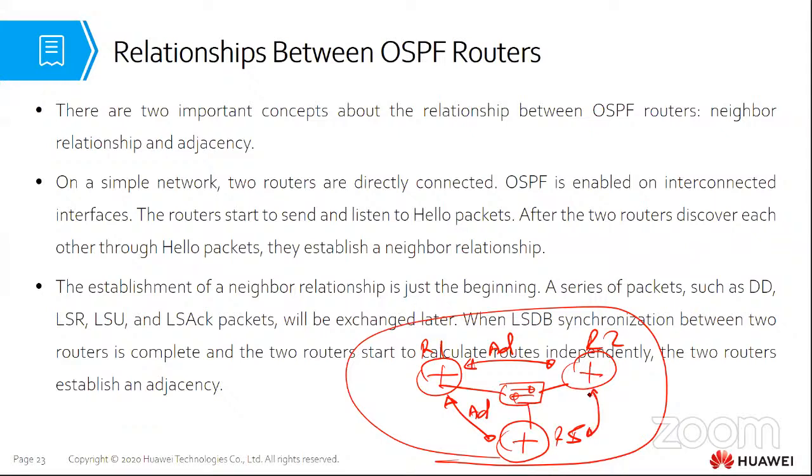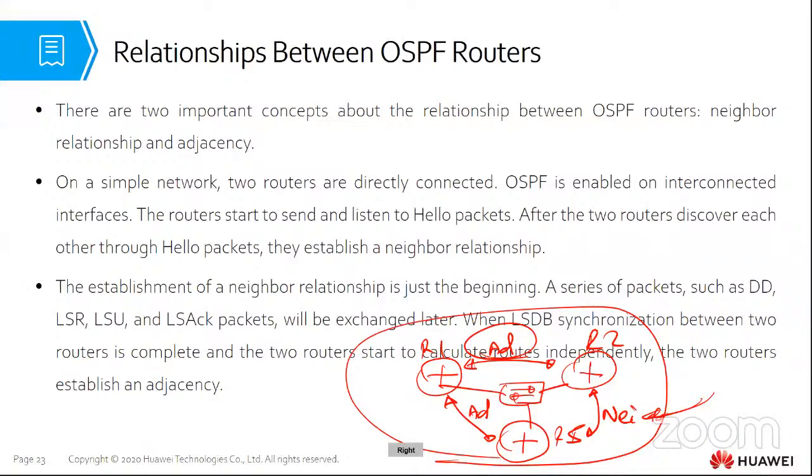But router 2 and router 3 only stop at neighborship. This is important for you to understand. So all through this working mechanism, we are going to try and understand for which routers do we stop at neighborship, for which routers do we stop at adjacency. It's important to note that you can only become adjacencies if you manage to successfully pass through the neighborship.